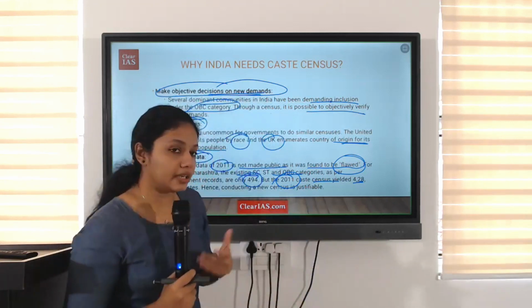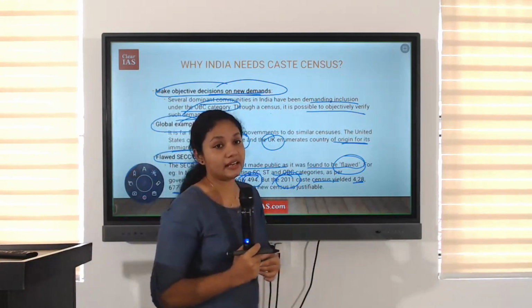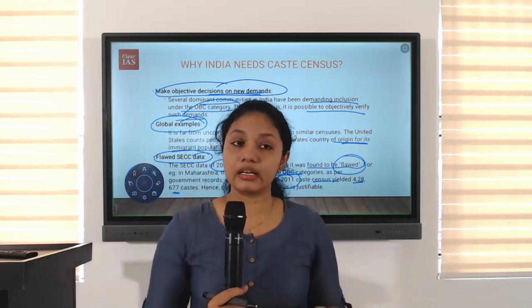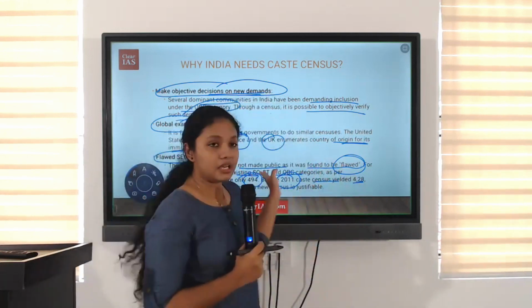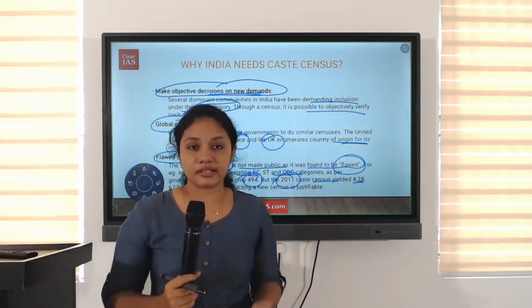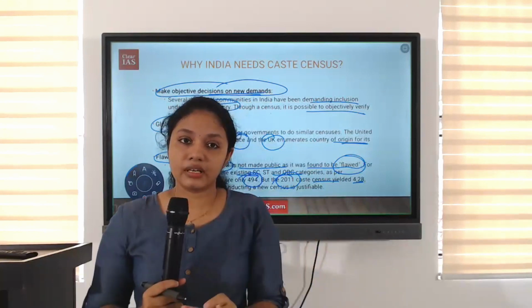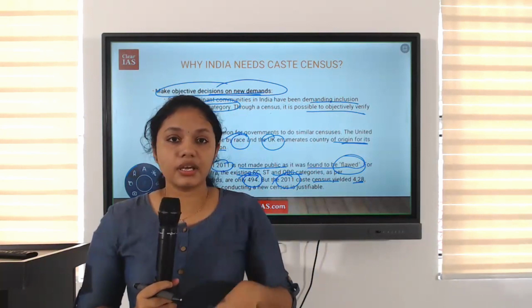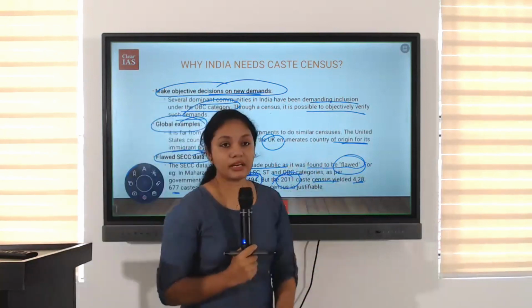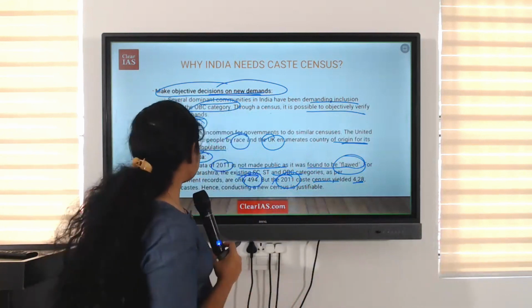So ultimately, what will it lead to? It will lead to hindering their development. Why? Because if this data is considered, meaning only 494 people need reservation, then only for them some schemes were required and only some percentage of reservation is there. So this huge population will be left out. Clear?